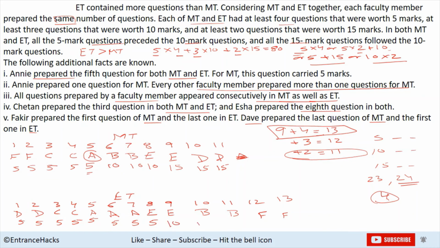So then we'll have 3 questions of 10 marks each, then 2 questions of 15 marks each. So this is how we solve this type of questions, and then we'll come to the problem.